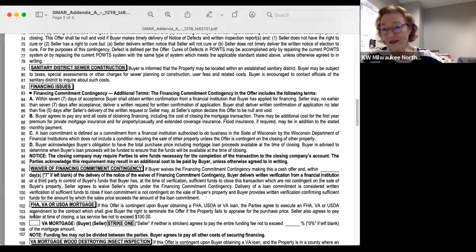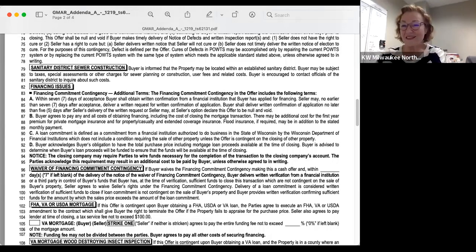Okay, now we come to another part of the Addendum A that can be serious, and that's under financing commitment contingencies. Additional terms. The financing commitment contingency in the offer includes the following terms. Within 7 days, and a lot of agents don't realize this, they may add an Addendum A, but they may not have read this part, because this has come up several times in conversations and phone calls I get.